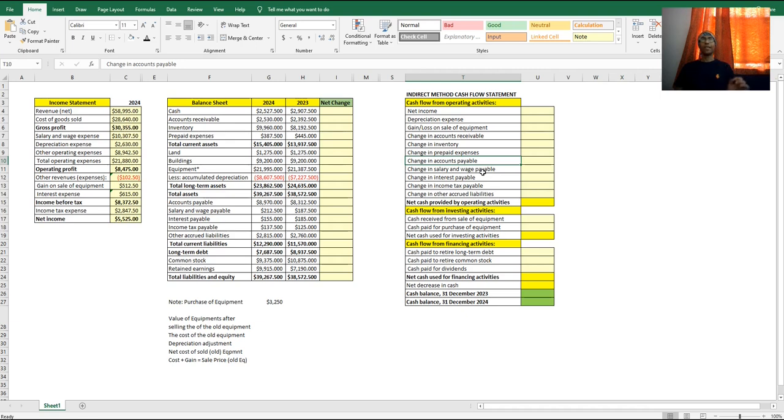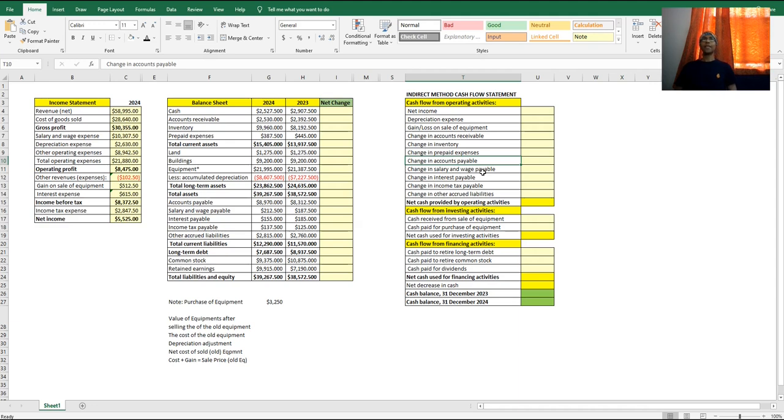The one key thing is that if there is an increase in something like inventory or receivables, that represents a net cash outflow. So the entry of that change value will be negative.